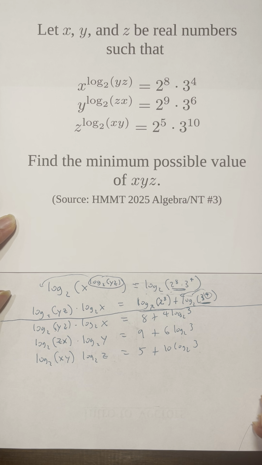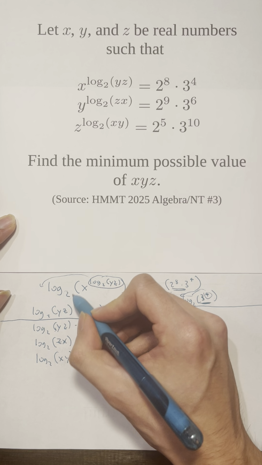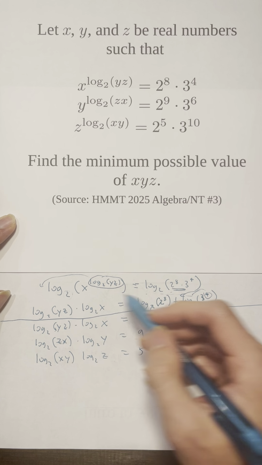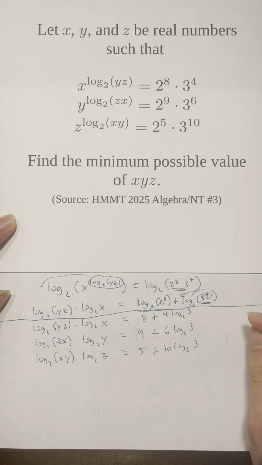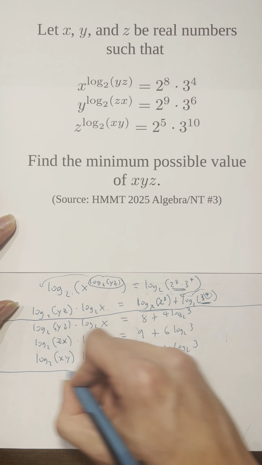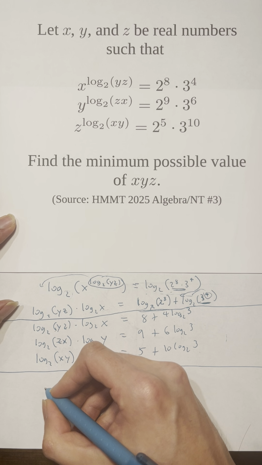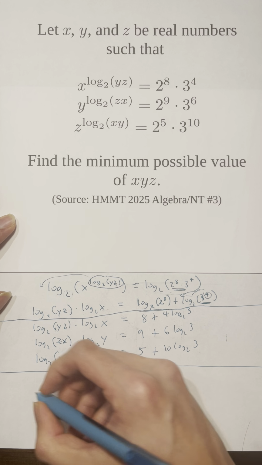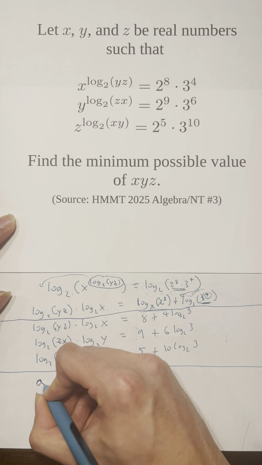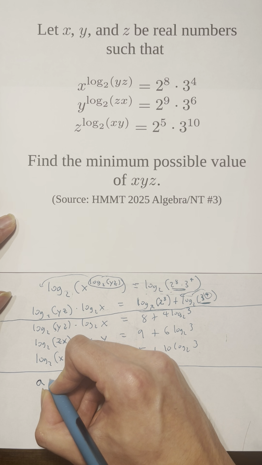Let's go back to this question though. Why did we take log base 2 of both sides of each equation? Well, let me make these substitutions first, and then I'll answer that question.